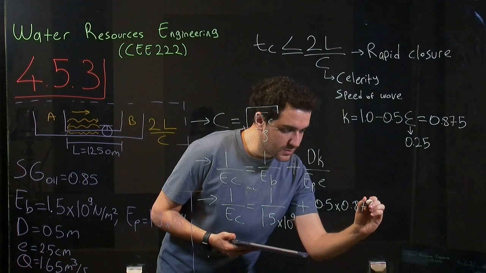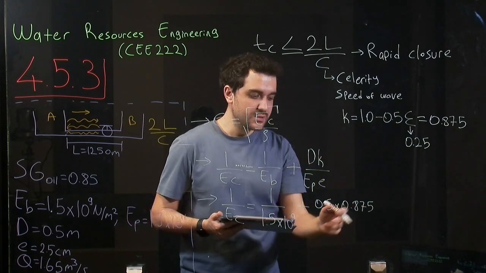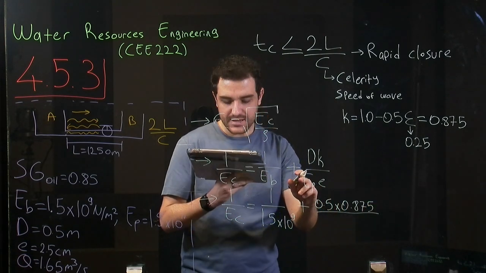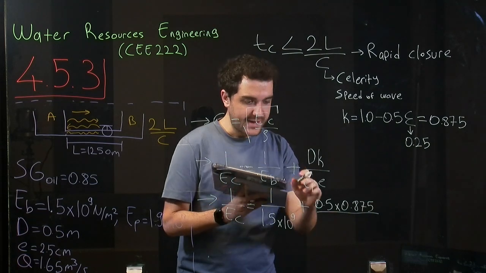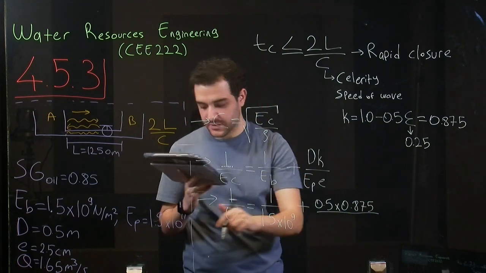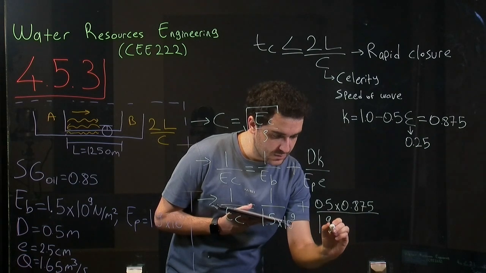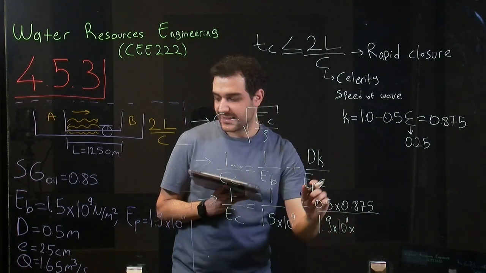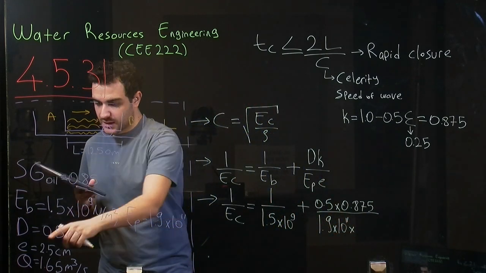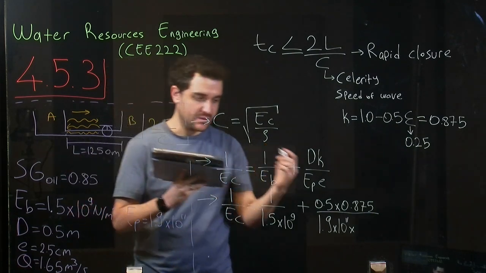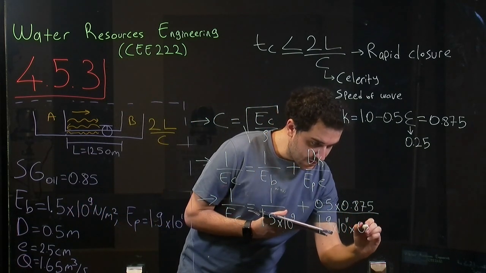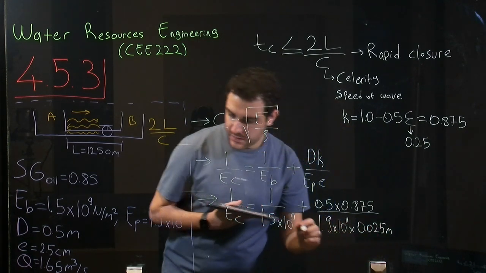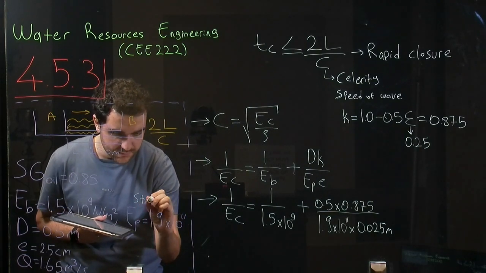Then K value 0.875 over the modulus of elasticity of pipe, and this value is for steel pipe, plus the thickness of the pipe. It is 2.5 centimeters, and in meters it will be 0.025 meters. And this is for steel pipe.